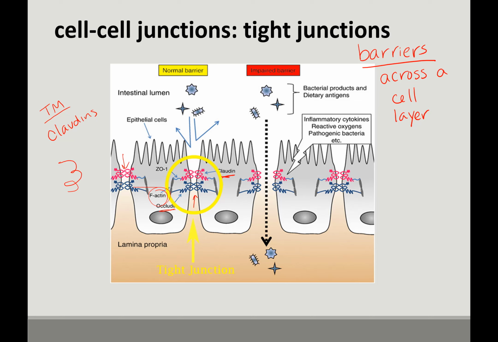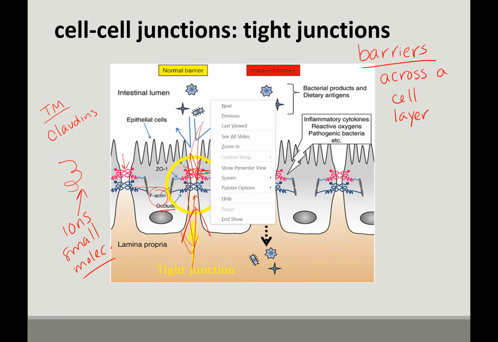What's really cool is, even though they're tight, they can allow some ions and small molecules through, but they're going to prevent things like big proteins, right? So this is really important, say in your bladder, in your pancreas, in the lining of your gut, right? You don't want digestive enzymes to be able to move through. So it's stopping movement this way, and it's stopping movement that way. Okay, so both types of movement.